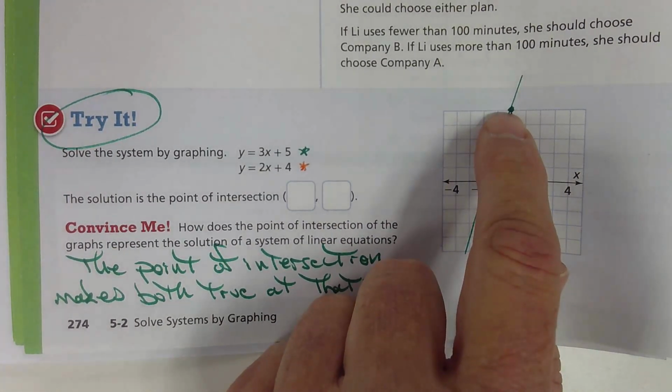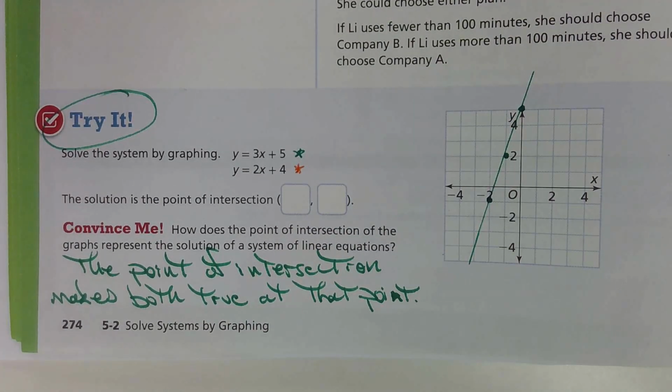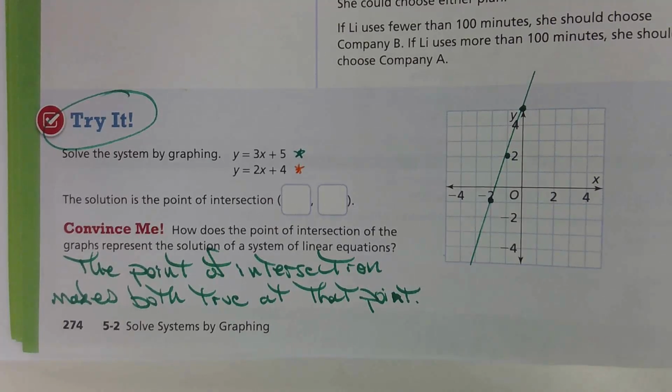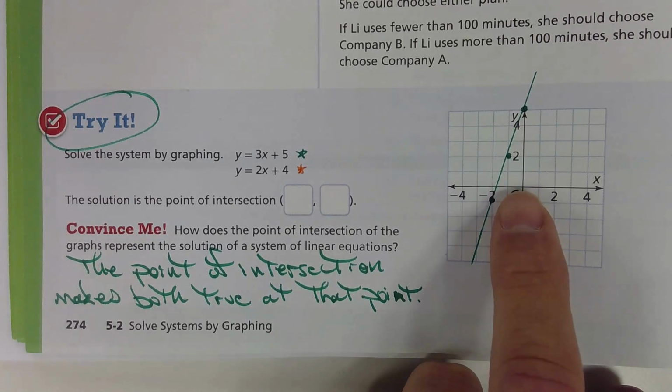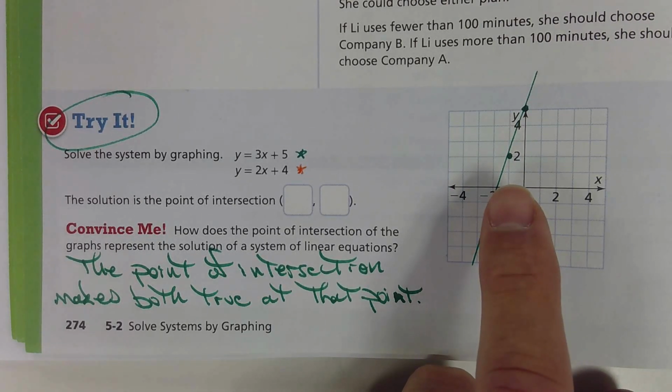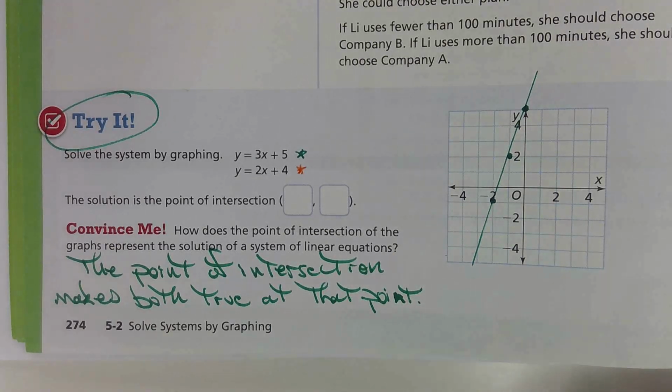But if I started here, like I said, it would be really kind of awkward. You'll have problems like that once in a while, where your starting point is going to take you right off the graph. But then just draw the line in the other direction, like I did here.